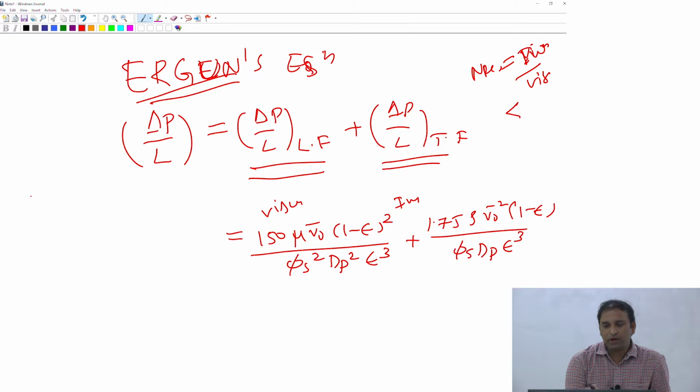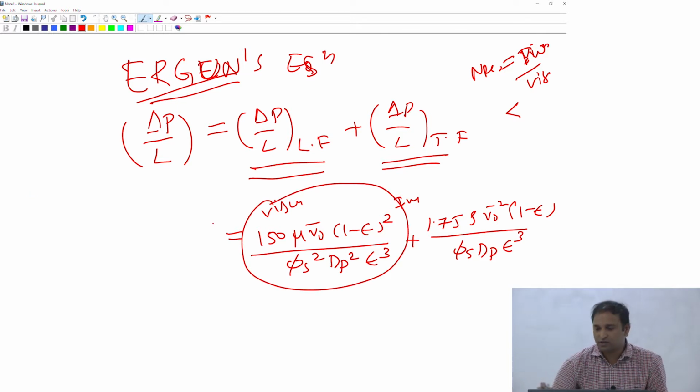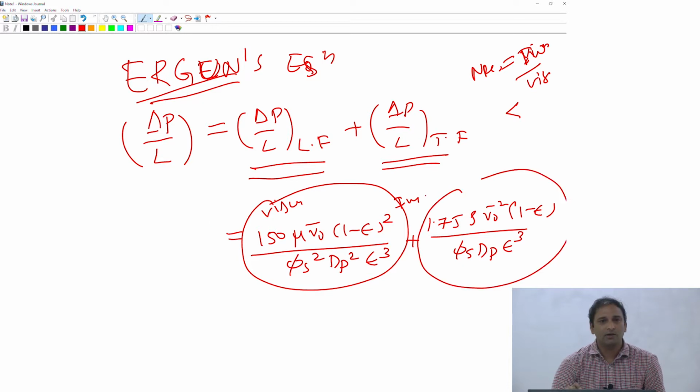In laminar flow conditions, the first term dominates the pressure drop. In turbulent flow conditions, the second term dominates the pressure loss. However, for any Reynolds number in between, both terms contribute to the pressure drop.